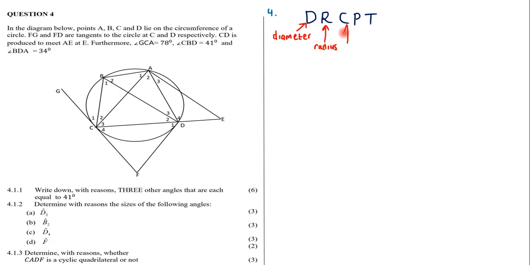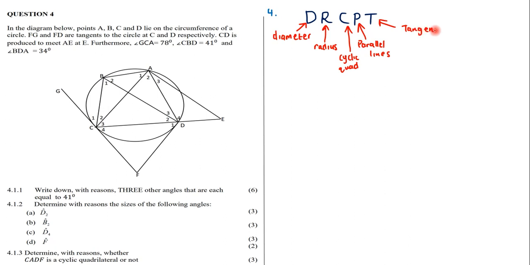The C focuses on the cyclic quad. The P focuses on parallel lines. And finally, the T looks at tangents.